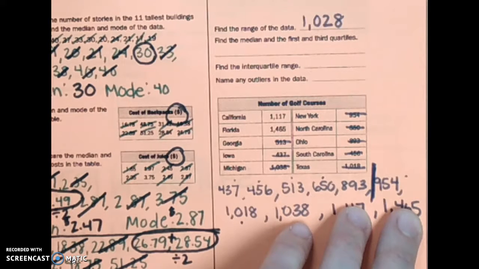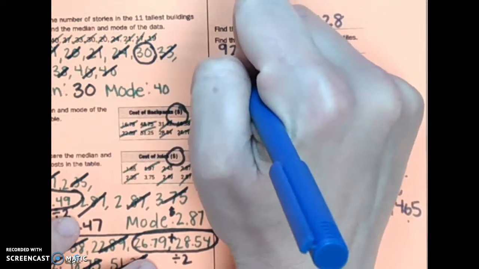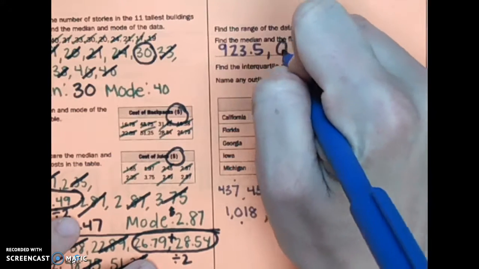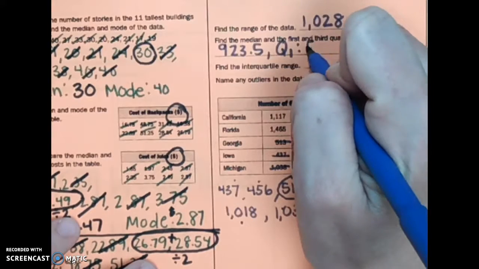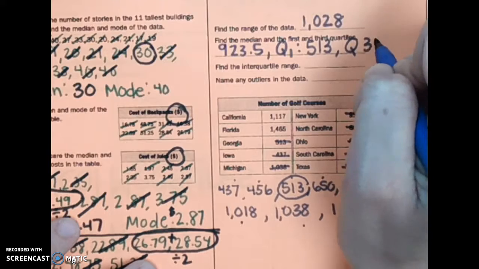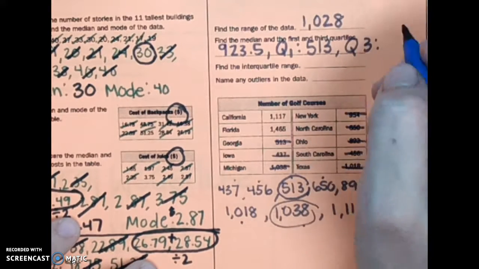Then we're going to divide by 2. Our median is going to be 923.5. And then we're going to find Q1. The middle number is 513. For Q3, the middle number is going to be 1038.